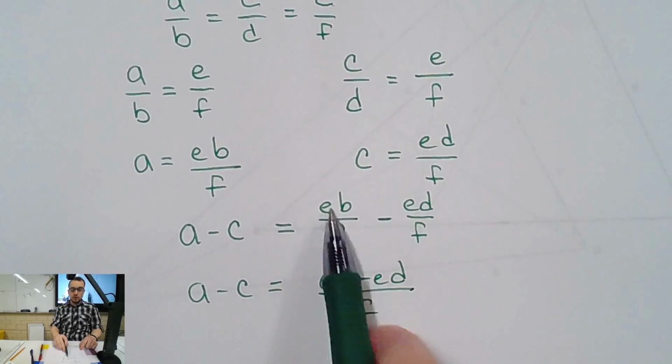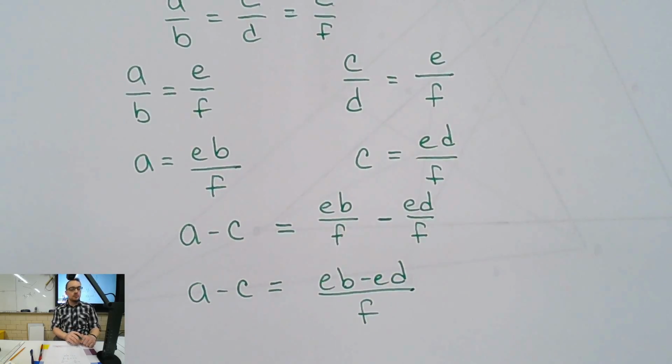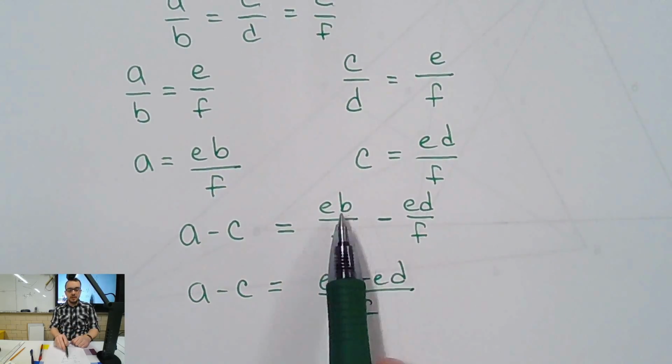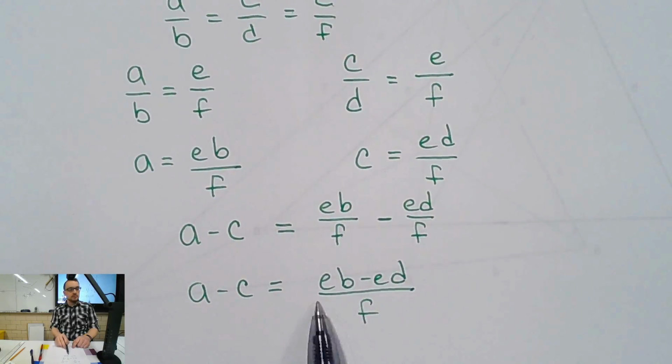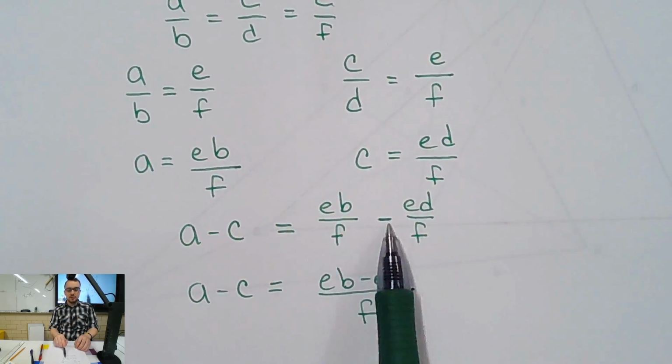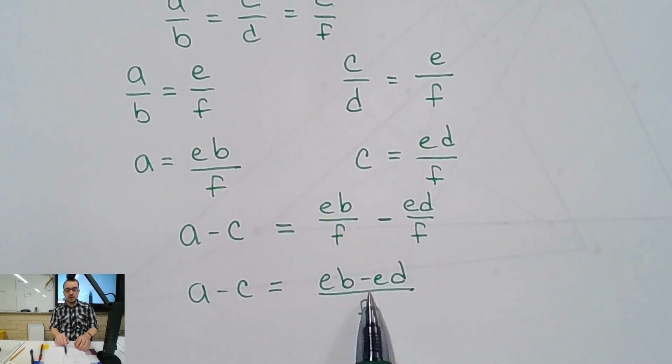If that was 2/3 minus 1/3, you could subtract them and put them together. So I did EB F's minus ED F's, which is whatever this is of F's. Some number of F's minus some other number of F's is whatever this is F's. And no F's were given.